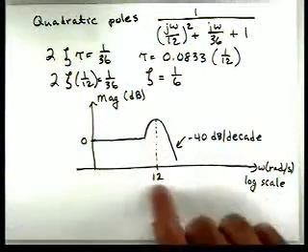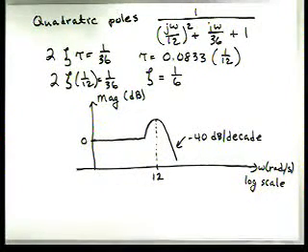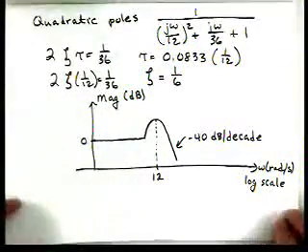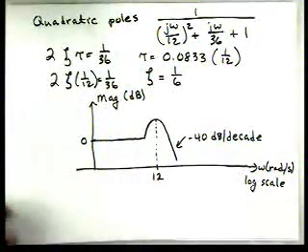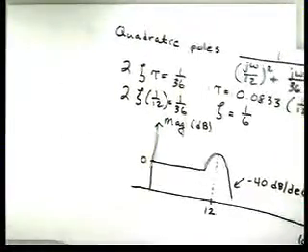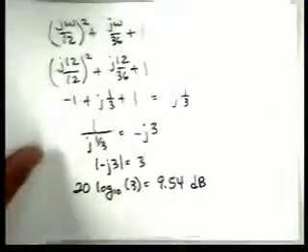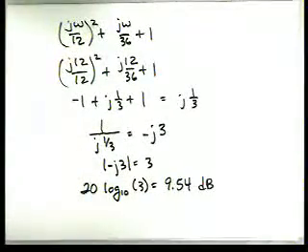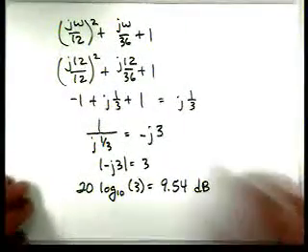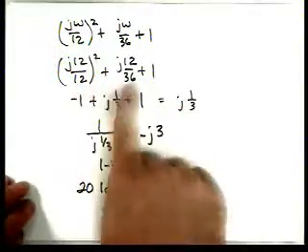We know the peak occurs at omega equal 12. So if we go into our function and ask what value it has at omega equal 12, we plug in 12.